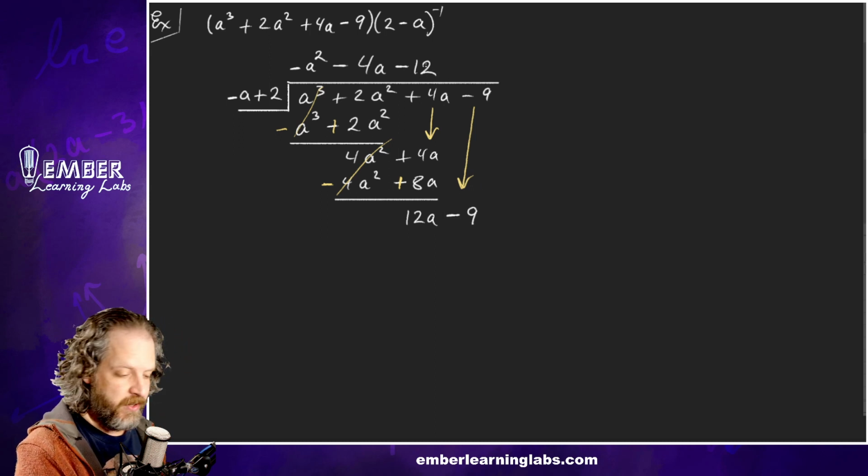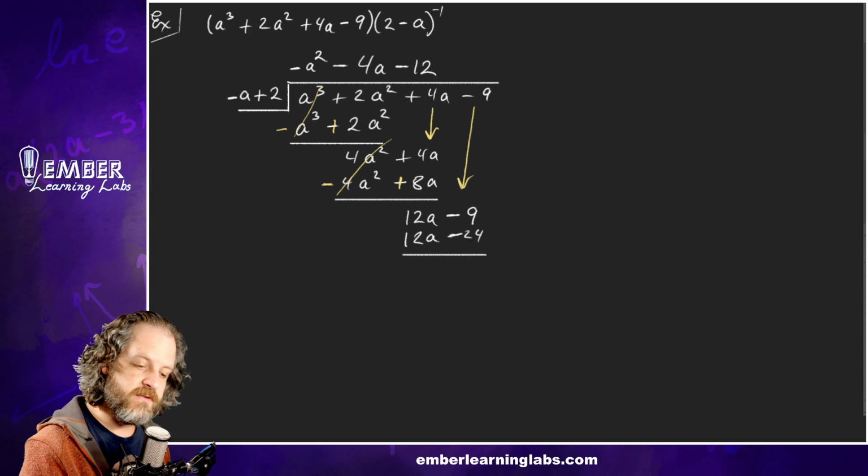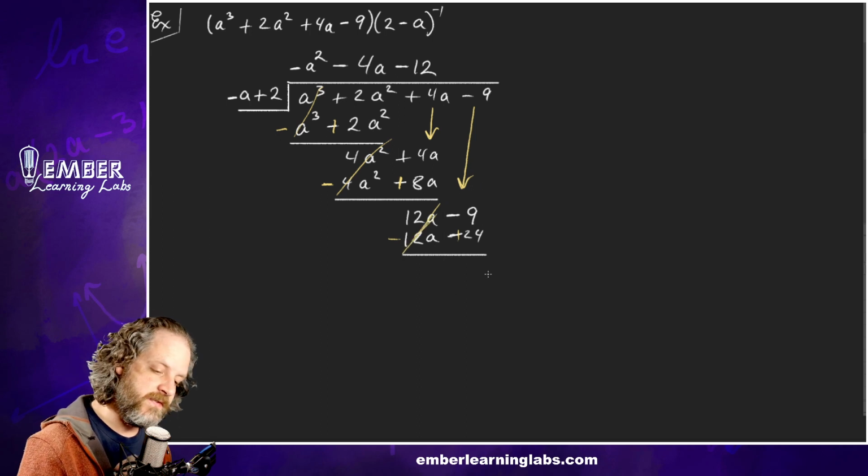And then we distribute. So negative 12 times negative a is positive 12a. Negative 12 times positive 2 is negative 24. We subtract, which means flipping both signs. That cancels. Negative 9 plus 24 is 15.